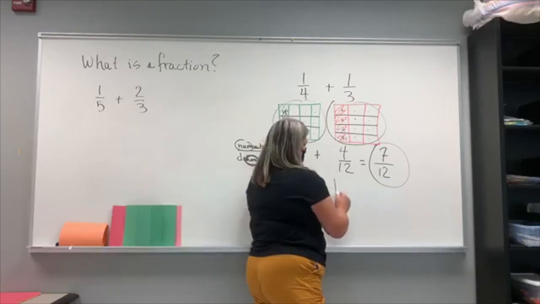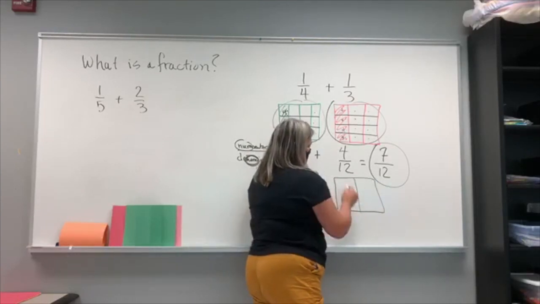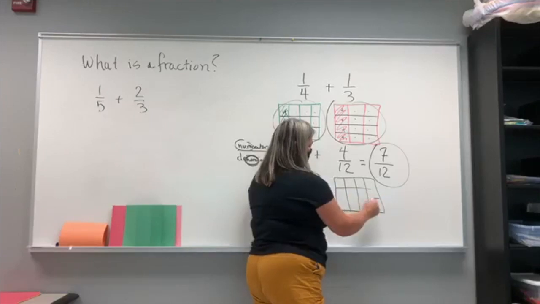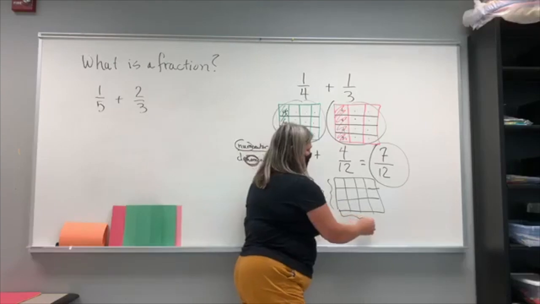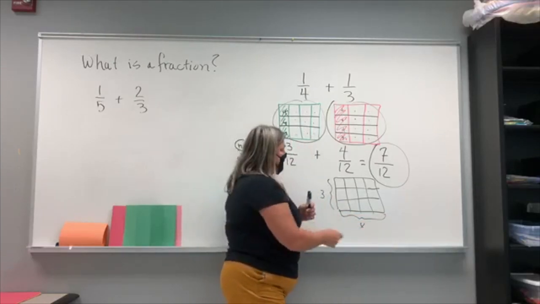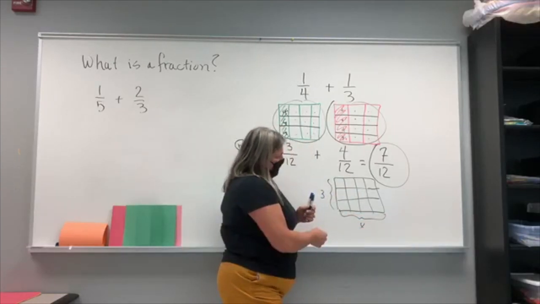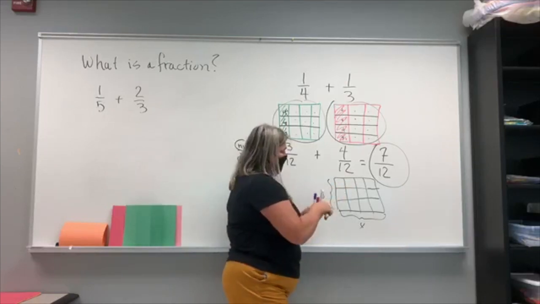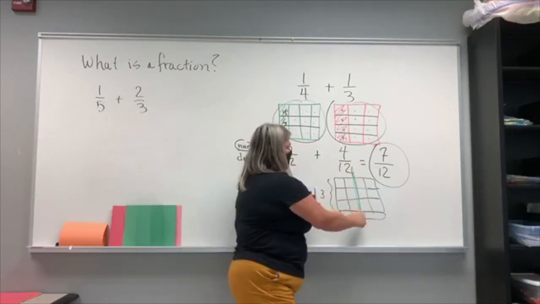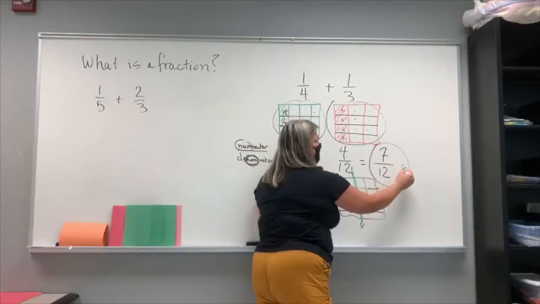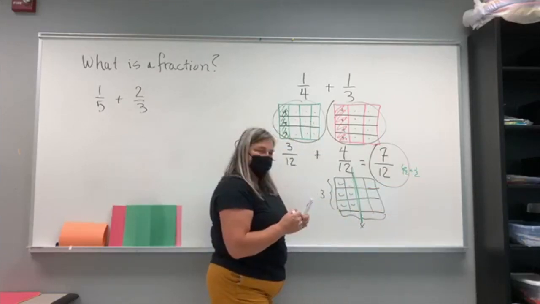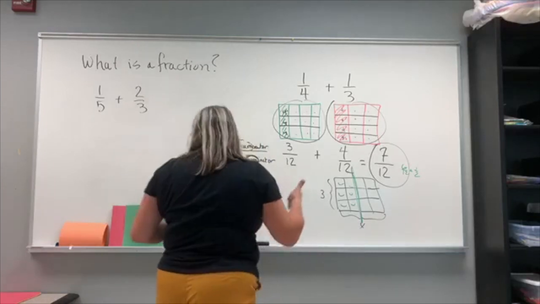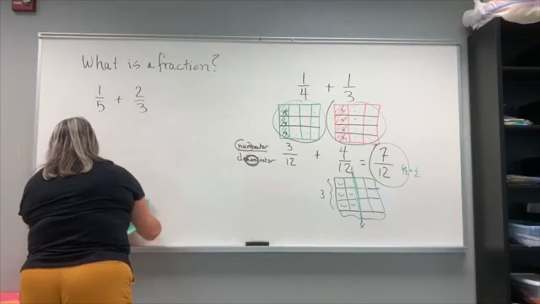Well, if we have 12 pieces, 3 by 4 here, that's 12 pieces, then half of that 12 pieces would be right here, right? So how much is that? 1, 2, 3, 4, 5, 6. So 6 twelfths is exactly 1/2. That means 7 twelfths is a smidge over, and that's what we got. So good for us. All right.